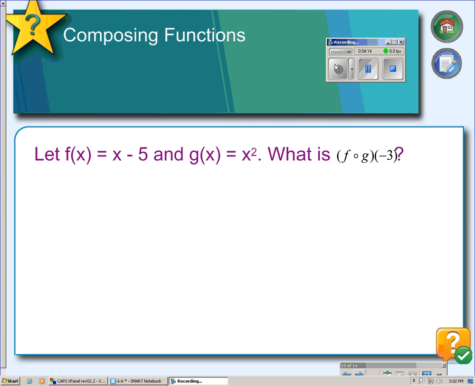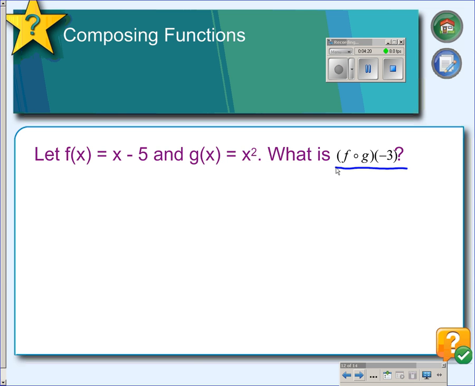Okay, these are the same functions we were just looking at, but this time we're doing it the other way around. This time we're finding f of g of negative 3, and we will get a different answer. So you start from the inside and work your way out. First thing we'll do is make x equal negative 3 in the g function.